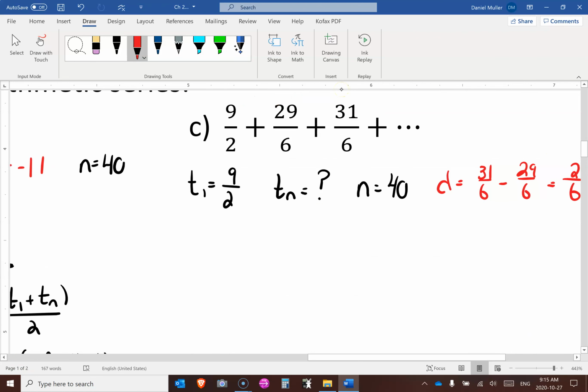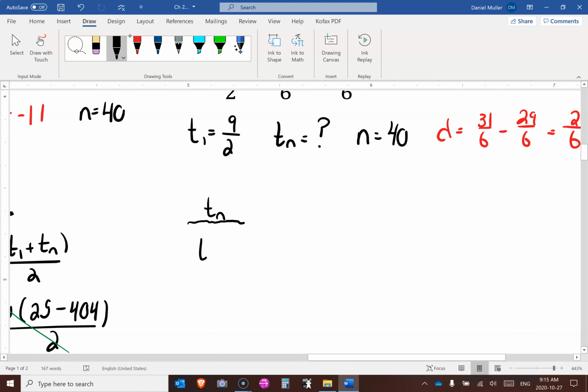All right. Now I do not have my Tn. I do not have my last term. So I guess I'll have to start with that. So Tn is equal to T1 plus my D, which in this case is going to be a third, times n minus 1.